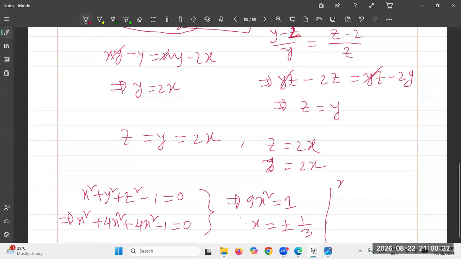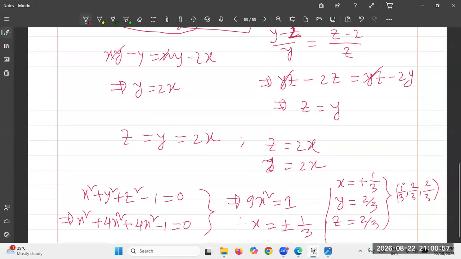So for the positive value of x, plus 1 divided by 3, y is 2 divided by 3, and z is also 2 divided by 3. So we have one point, that is 1 divided by 3, 2 divided by 3, and 2 divided by 3.